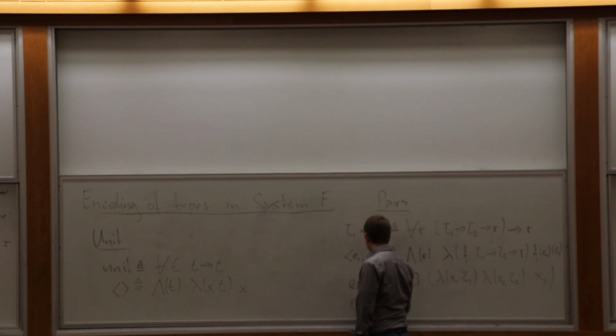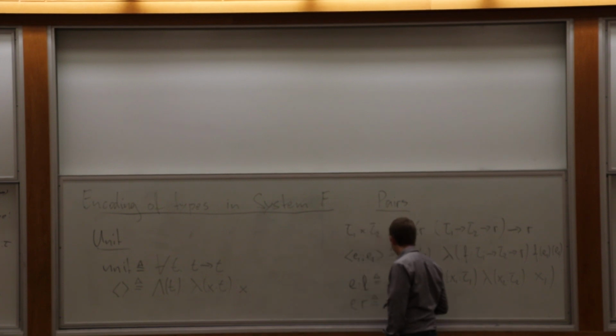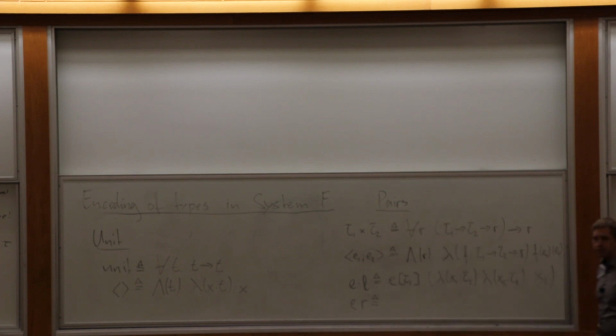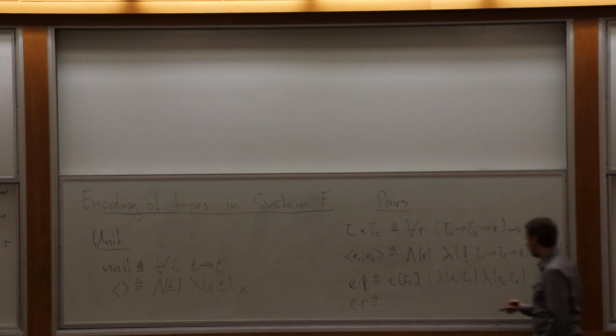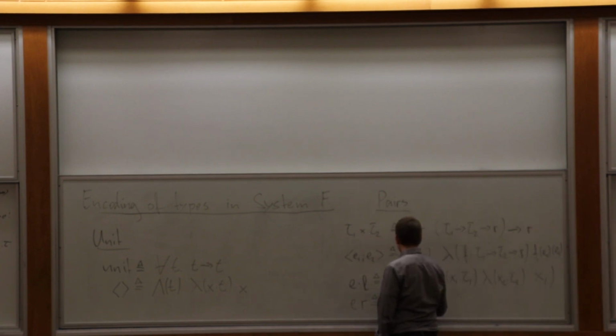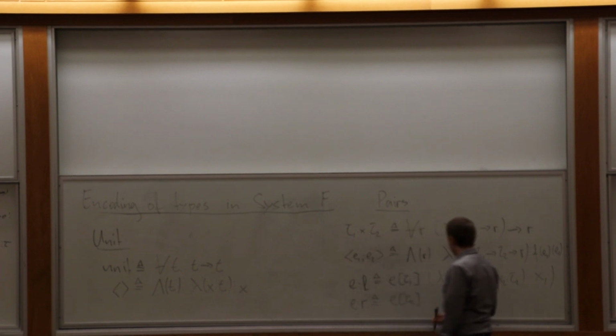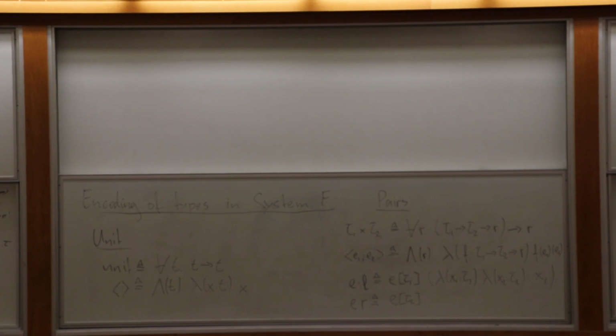So how about the other projection? What do we do now? Tau 2, exactly. And what function do we give it?